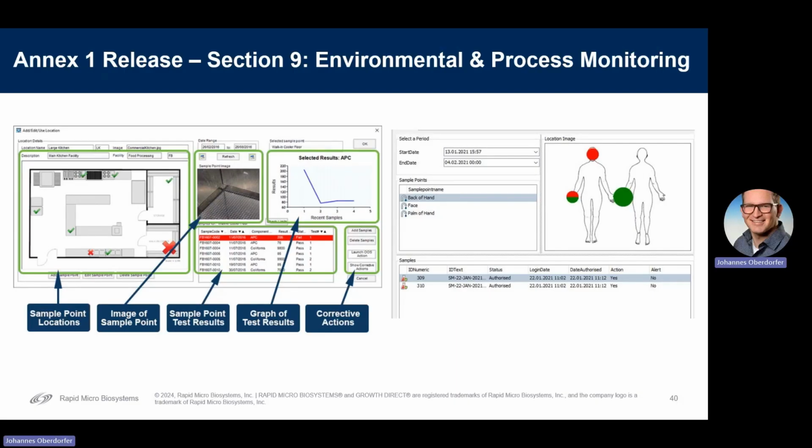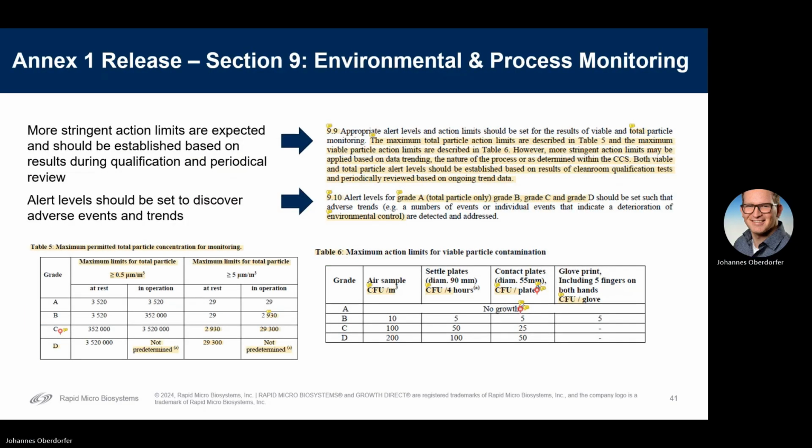And this software is also supported with automation, with automated enumeration and incubation, where it automatically feeds and gets fed by the systems, where we don't have paper, and you all know the positives of being paperless. And then we also have more stringent action limits that are expected and should be established based on the results during qualification and the periodic review, which I mentioned at the beginning.